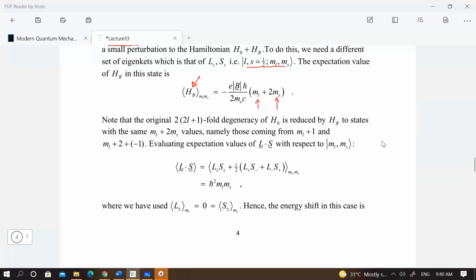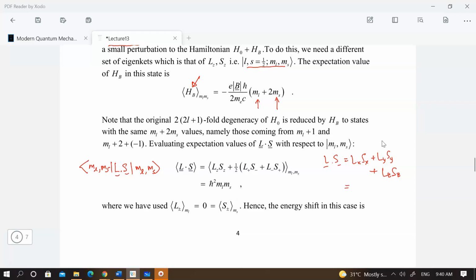That means I need to do something like this. Remember, we have your ML, MS, your uncoupled states, so we need to find out the expectation value of that. L dot S, you remember, is just LX SX plus LY SY plus LZ SZ.